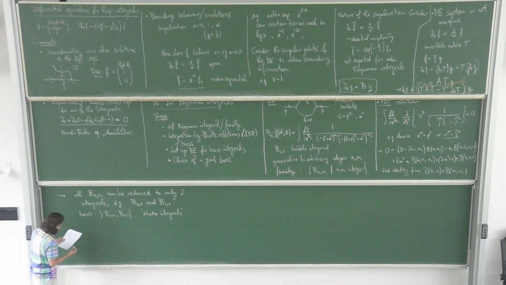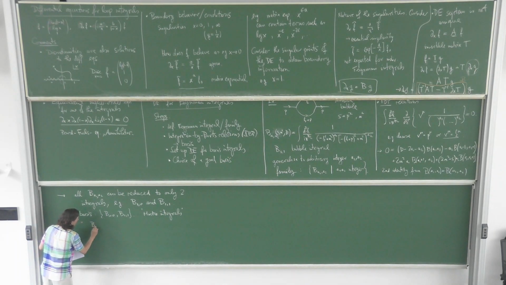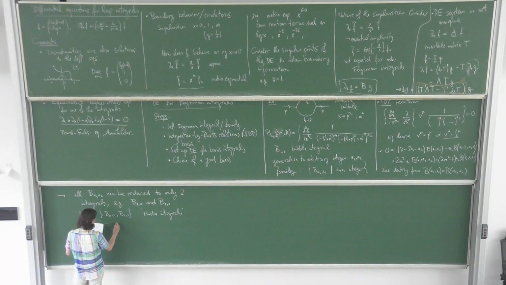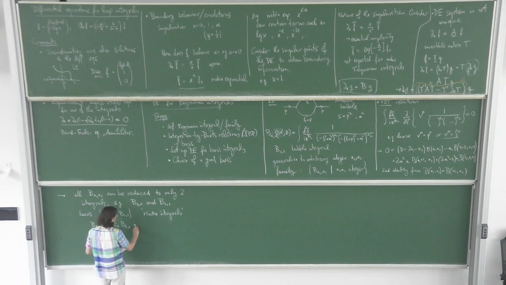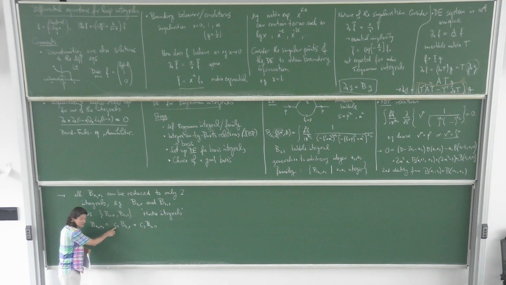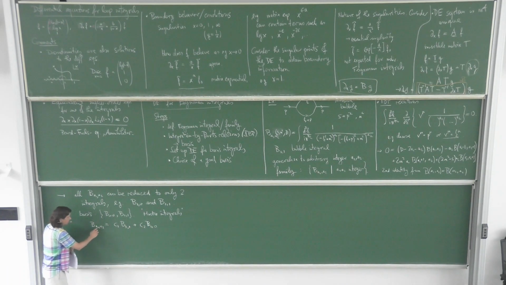So what does it mean concretely? I've said it, but just to make it very explicit, if you have any such integral b a1, a2, then it can be written as a linear combination of these basis integrals, where, of course, the C1 and C2 can depend on what initial values you had here.